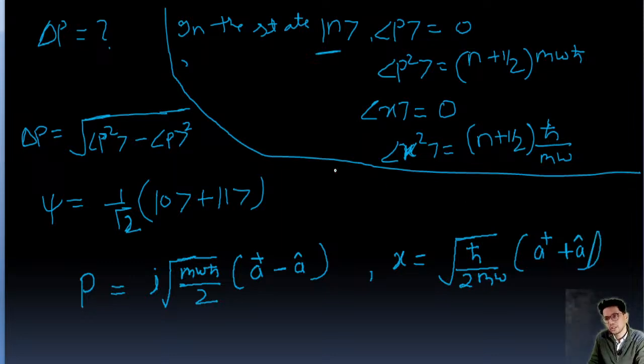I'm writing for the position operator as well as the momentum operator, because you may get a question like the uncertainty in delta x as well, right? That's why these are the values of p and x. This is the momentum operator. These are the values of p and x in a one dimensional harmonic oscillator.